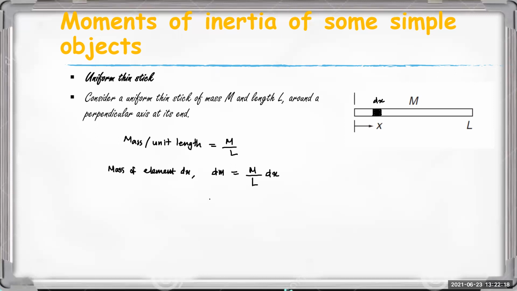Okay, and here we know that I is equal to integral rho square dm, then it must be equal to integral, here the perpendicular distance is x, then x square, in place of dm we write m by L into dx, and we take m by L outside.